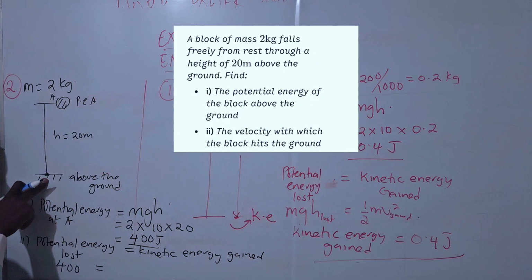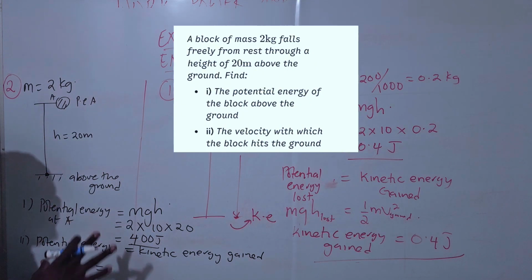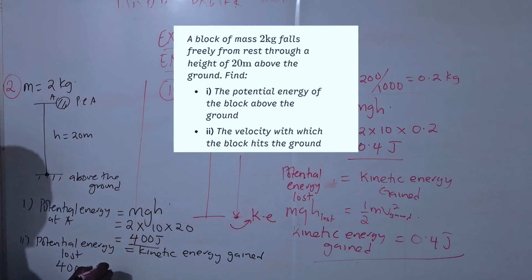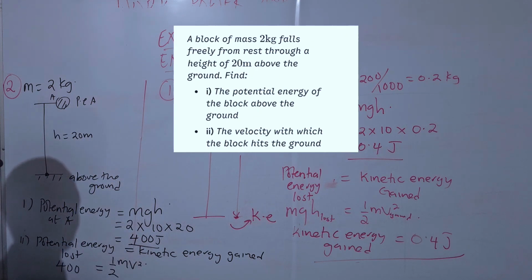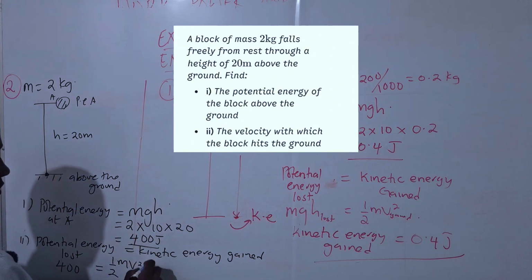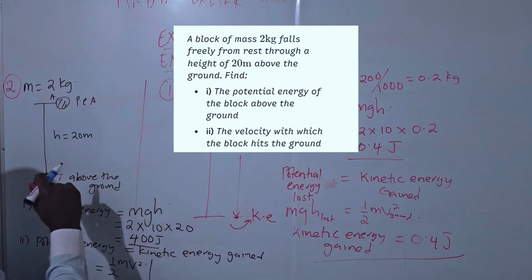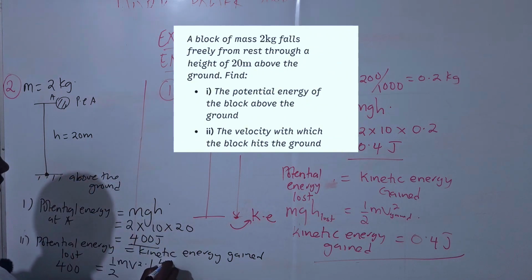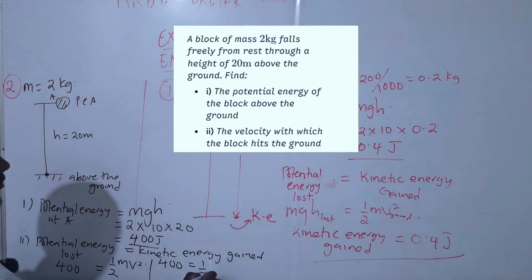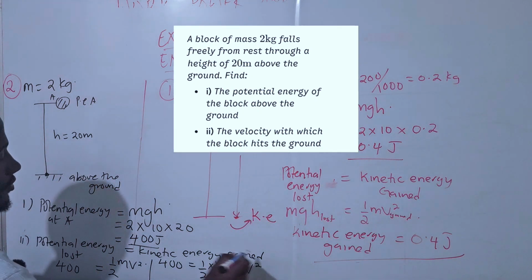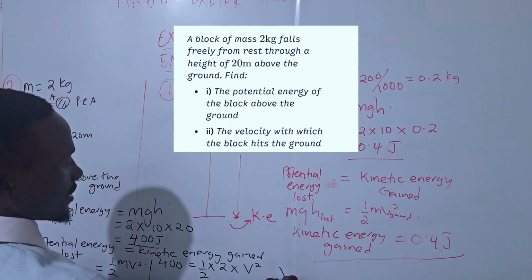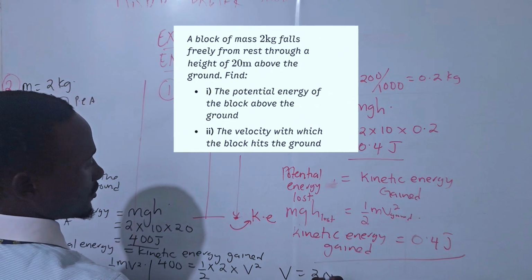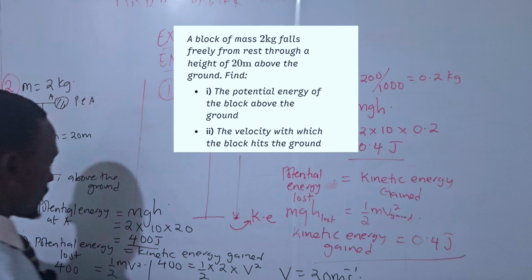Because here it has zero potential energy, it implies it has lost all the potential energy. It's equal to a half mv squared. This gives us 400 equals a half times the mass times v squared, and this gives us a velocity of 20 meters per second.